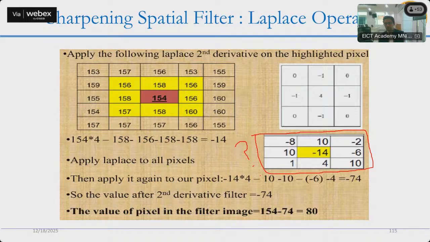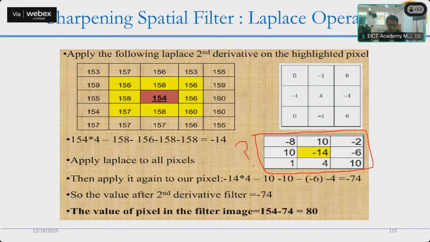Is it clear? Are you able to understand? See what we are doing here, if you notice, for example, we have calculated the value minus 14 after the first derivative.